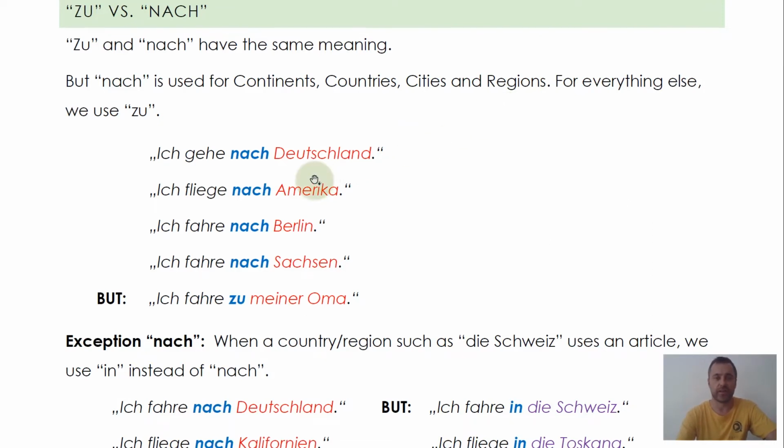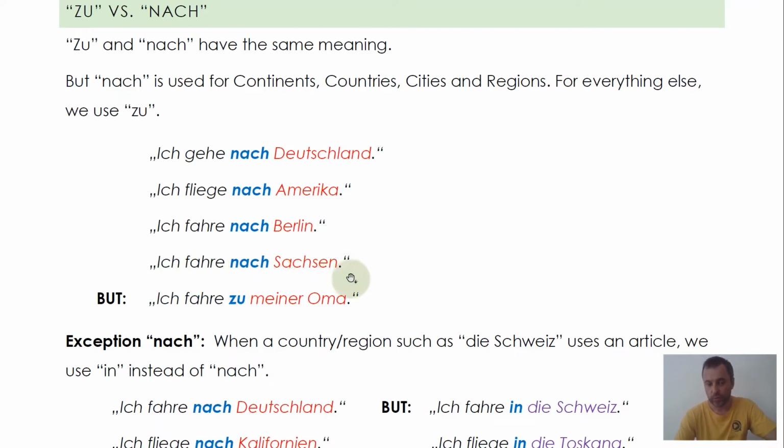For anything else, you will use zu if you're going to something. So, ich gehe nach Deutschland. I'm going to Germany. Ich fliege nach Amerika. I'm flying to America. Ich fahre nach Berlin. I drive to Berlin. Ich fahre nach Sachsen. I drive to Saxony. That's a German region.